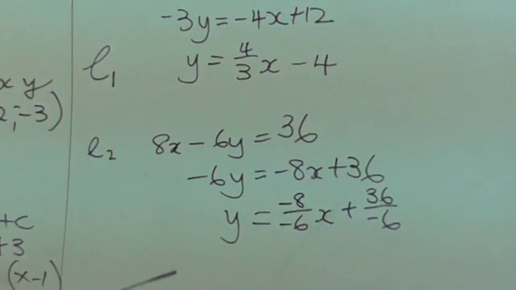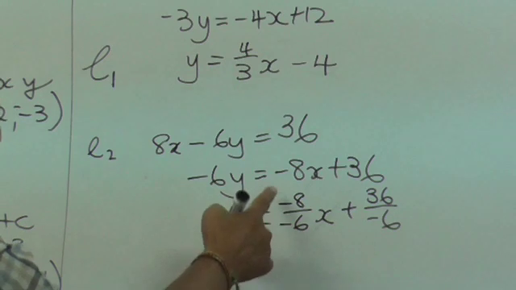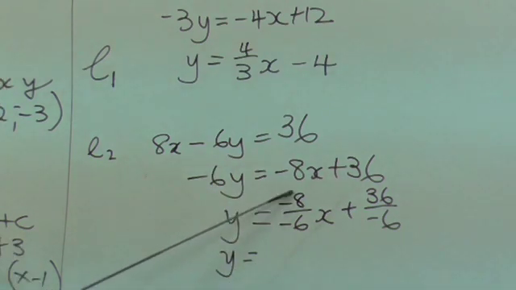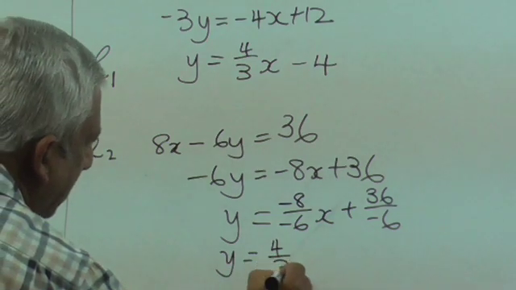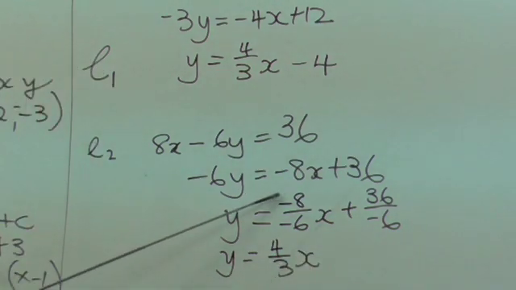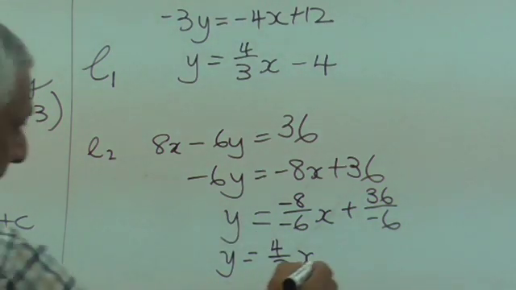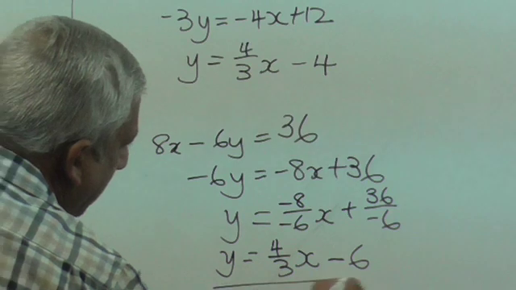Negative divided by positive, you put 8 over 6 into your calculator, and your calculator will give you 4 over 3. You put negative 8 over negative 6 into your calculator, you get 4 over 3x minus 6.